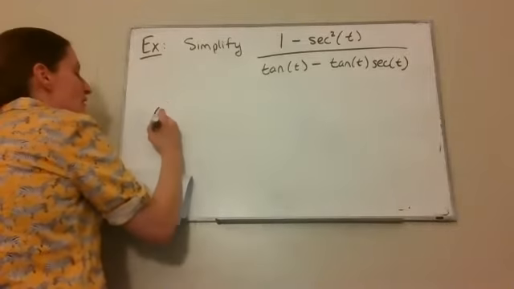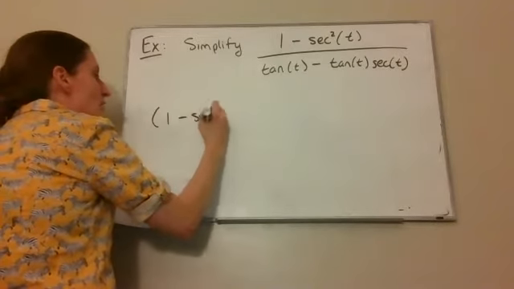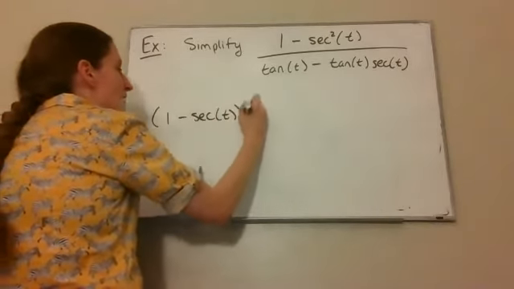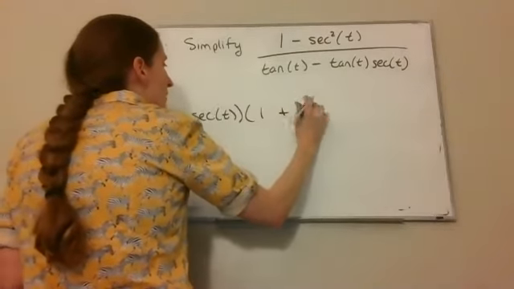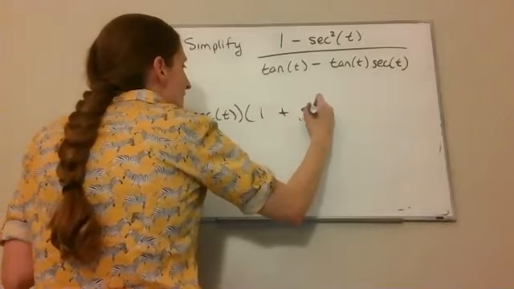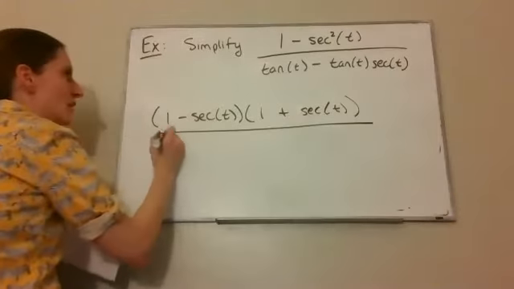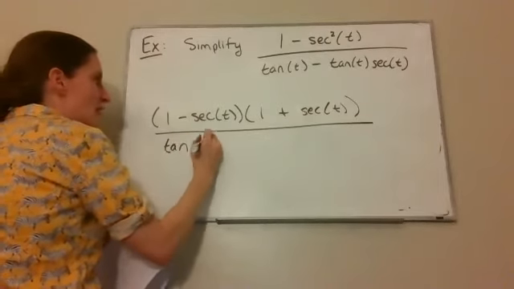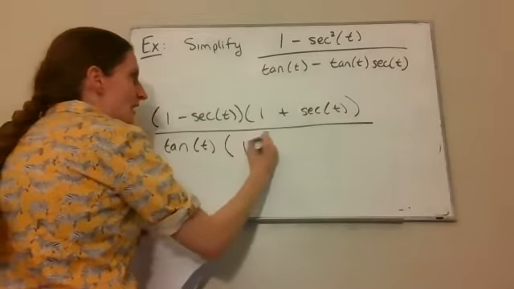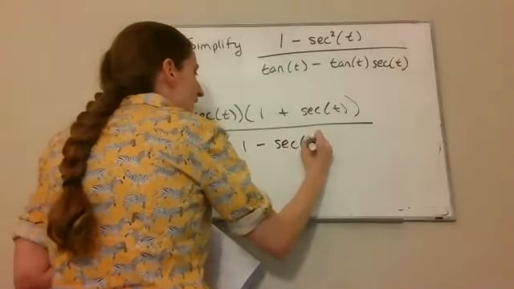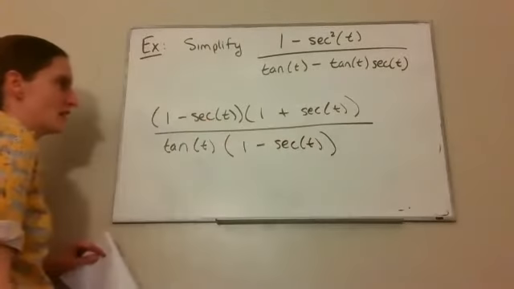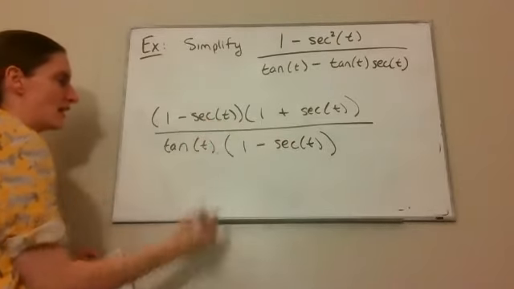So if I factor everything, my numerator is 1 minus secant t times 1 plus secant t. And my denominator, I can pull out tangent t, and I have 1 minus secant t left behind. And so that can cancel out.